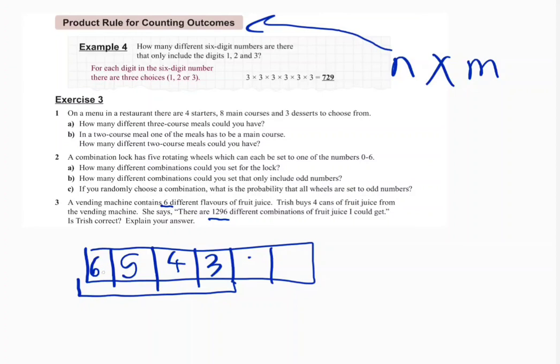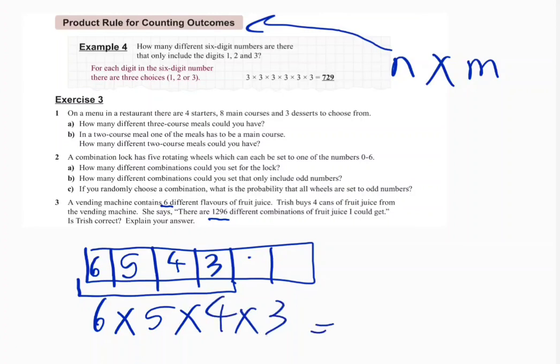So in this case, we have 4 events, and there are 6 ways of doing the first event, 5 ways of doing the second event, 4 ways of doing the third one, and 3 ways of doing the fourth one. So it's just enough to multiply all these numbers.